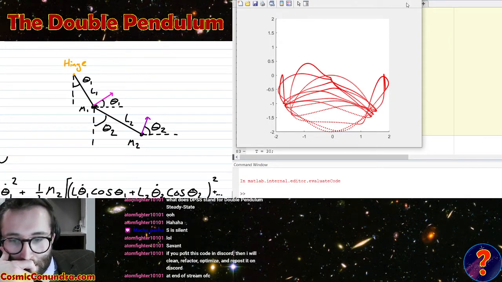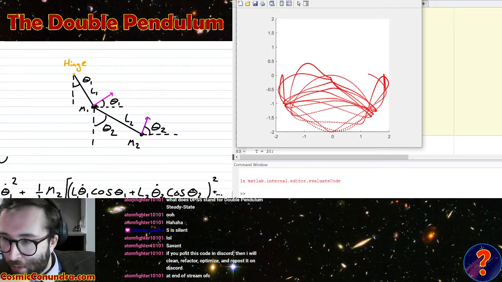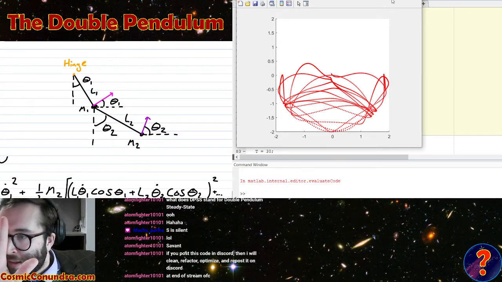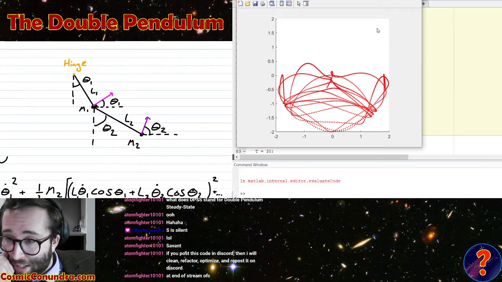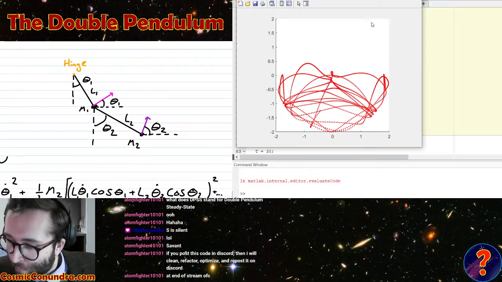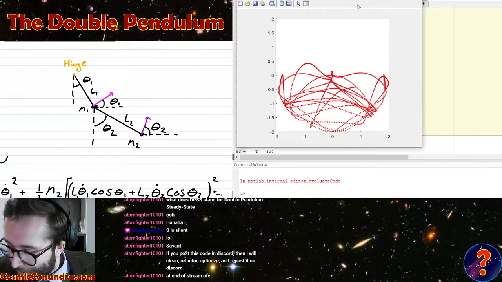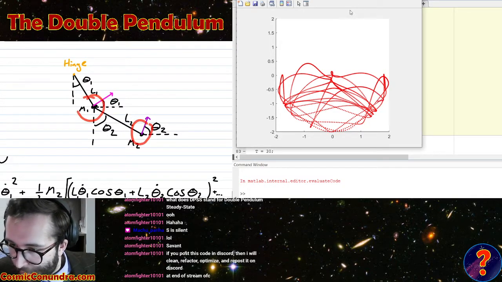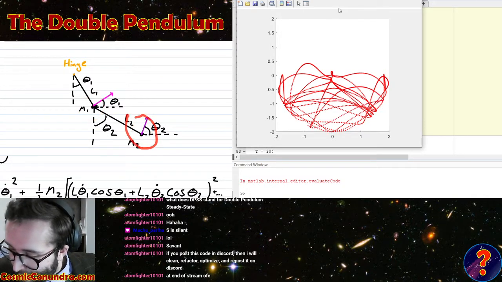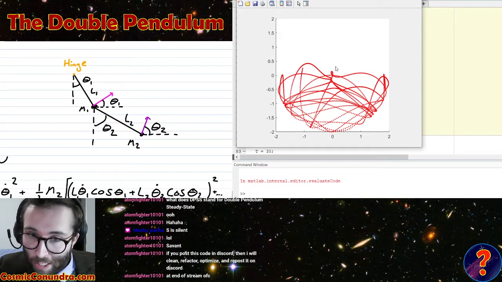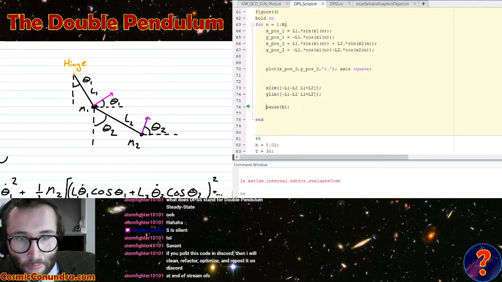Okay, so this is the thing we just plotted before, but corrected. What I was accidentally plotting was the x position of the first particle and the y position of the second particle. But now it is definitely plotting the x and y positions just of the second particle. Right.